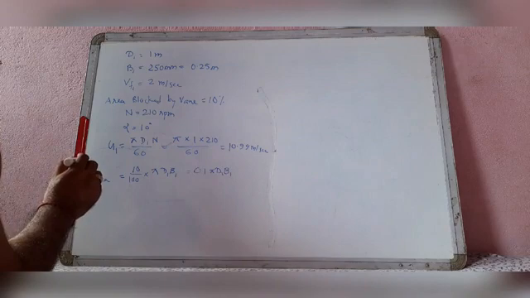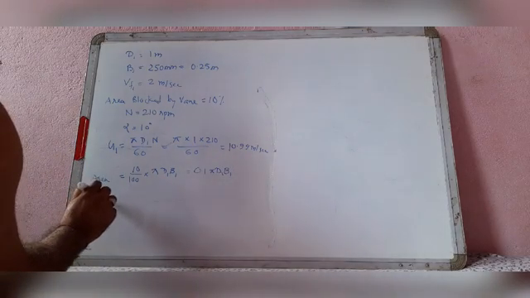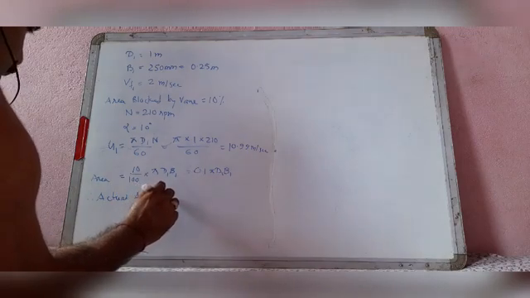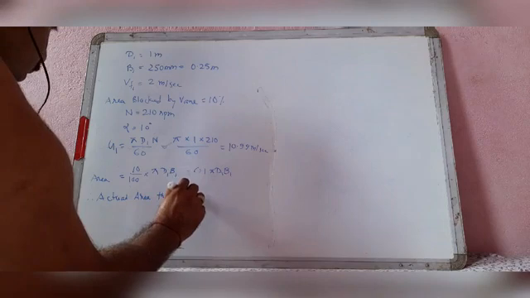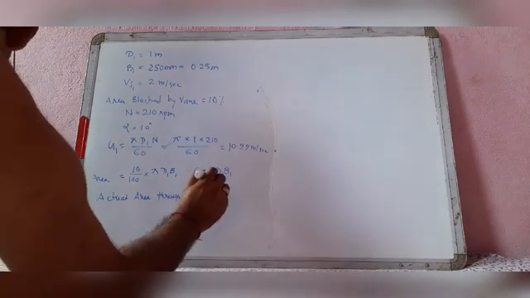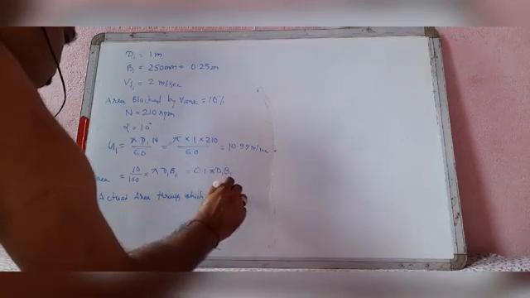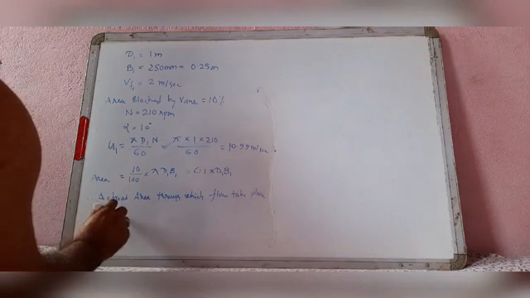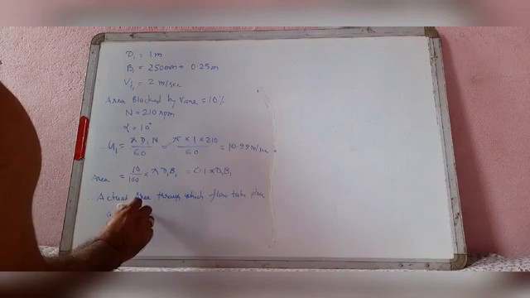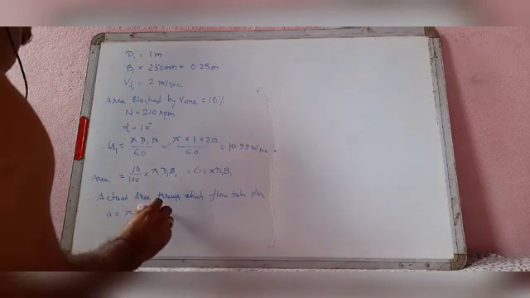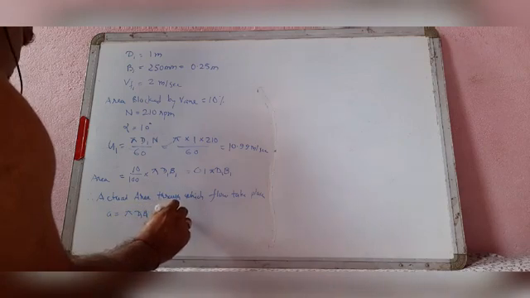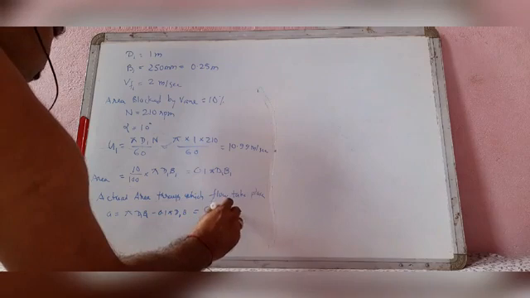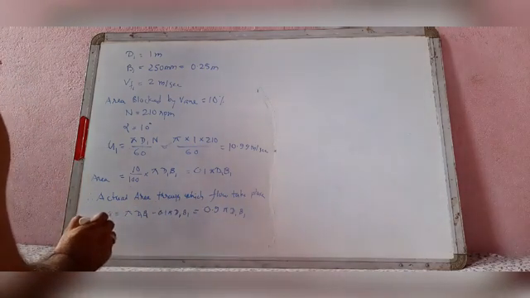Actual area through which the flow takes place is pi D1 B1 minus 0.1 pi D1 B1 equal to 0.9 pi D1 B1.